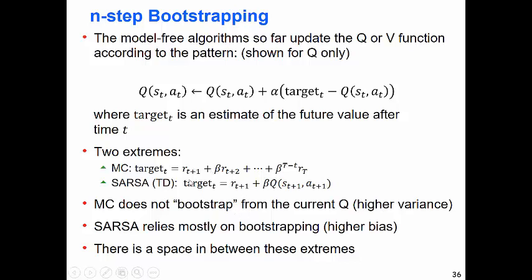The SARSA target was a temporal difference target, and this is the extreme case. It's basically saying, I'm going to look at that next reward, and then just use whatever I thought the value should be. They call this bootstrapping. You're bootstrapping based on what you already know, or what you think you already know.